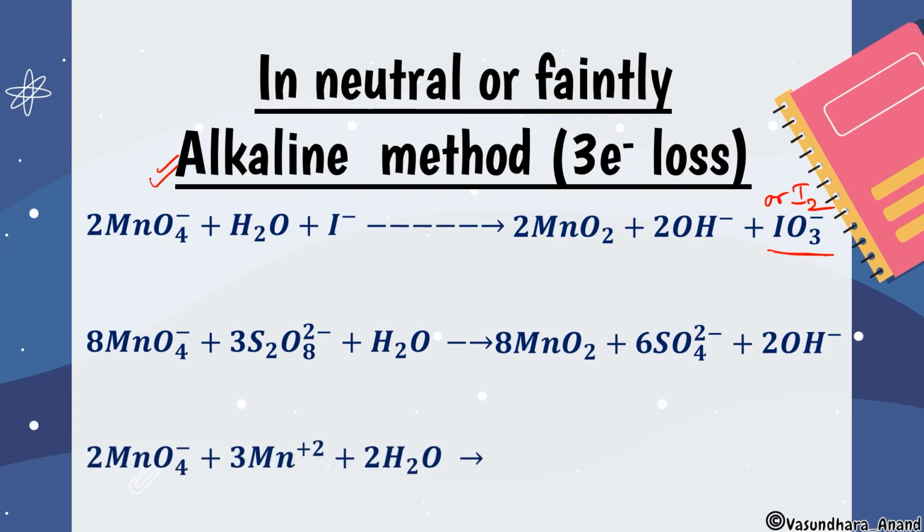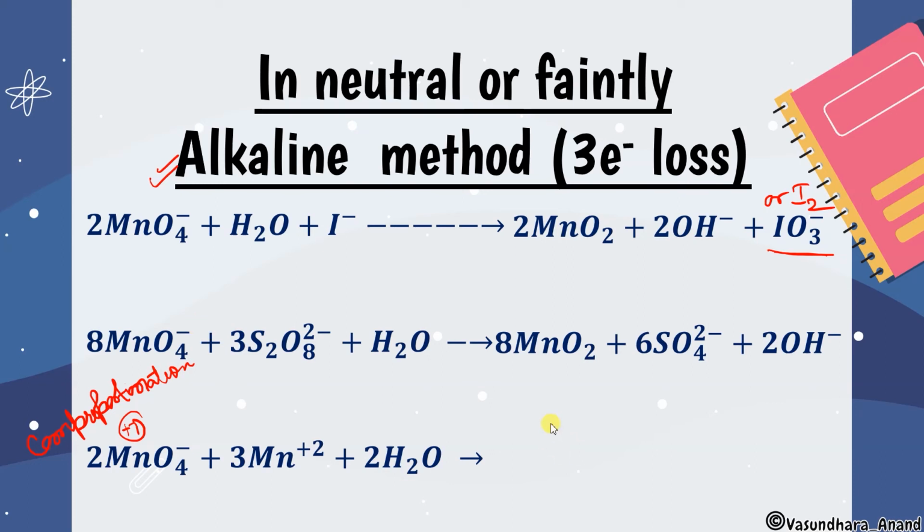Next is MnO4 minus and Mn plus 2. Now this is the plus 7 state and this is the plus 2 state. So this is an example of a comproportionation reaction, the opposite of a disproportionation reaction. So what will it give you?